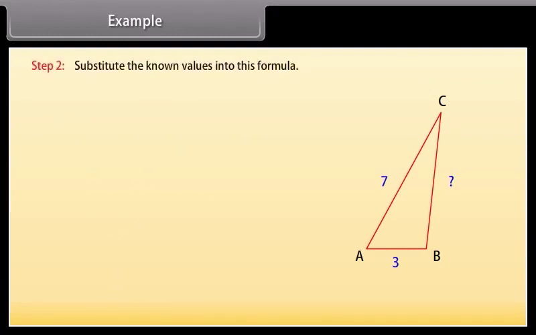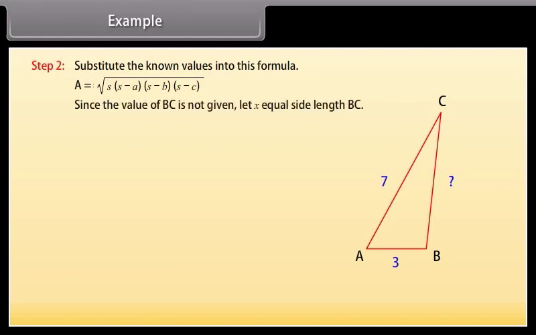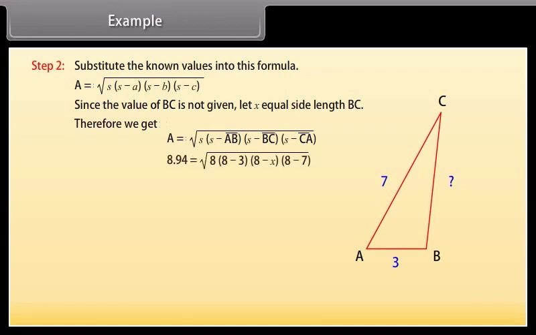Step 2. Substitute the known values into this formula. A is equal to square root of S into (S minus A) into (S minus B) into (S minus C). Since the value of BC is not given, let X be the length BC. Therefore, by substituting the values we get 8.94 equals square root of 8 into (8 minus 3) into (8 minus X) into (8 minus 7).